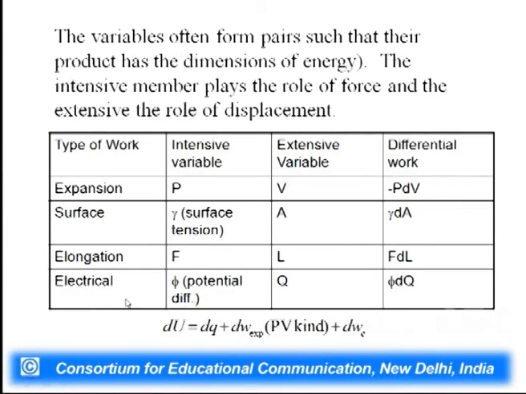For electrical work, the potential difference is the intensive variable, charge is the extensive variable, and phi dq will give you the work. So, dU is equal to dq plus dw expansion, which is PV kind, plus dw extra. This is known as dw extra. Extra work can include surface kind of work, elongation work, and electrical work.